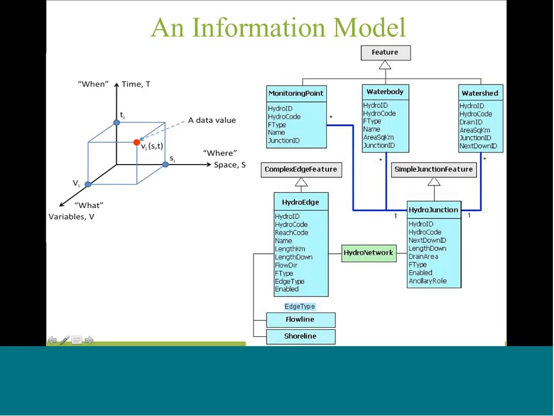So, for example, if you've done any programming in an object-oriented language, C, Python, Java, anything like that, you can define a class, and in this case it might be feature, and the subclasses of monitoring point, water body, watershed, inherit shared features from the base class, but then there may be some very specific additional information you get when the subclass of feature is water body, for example.